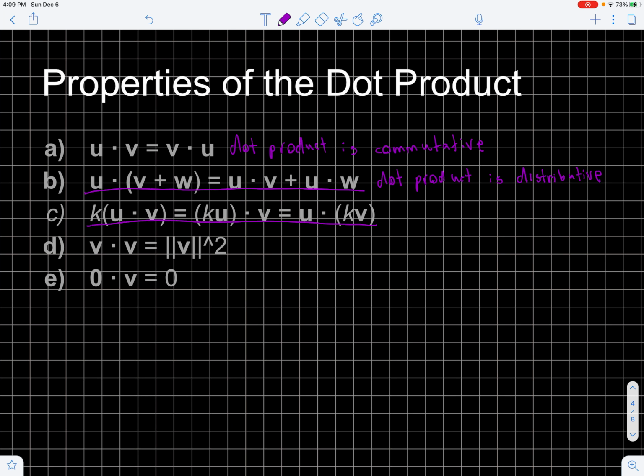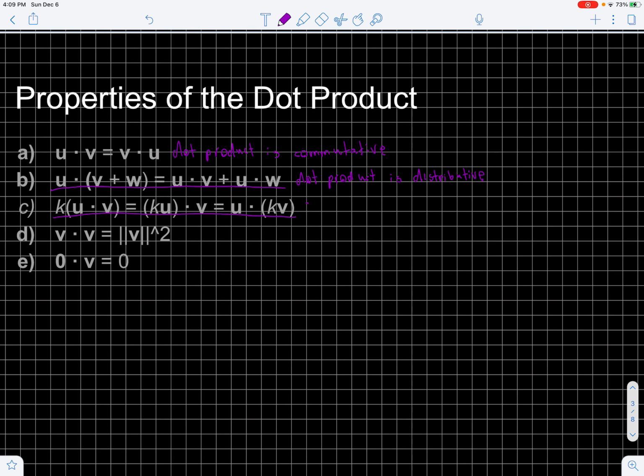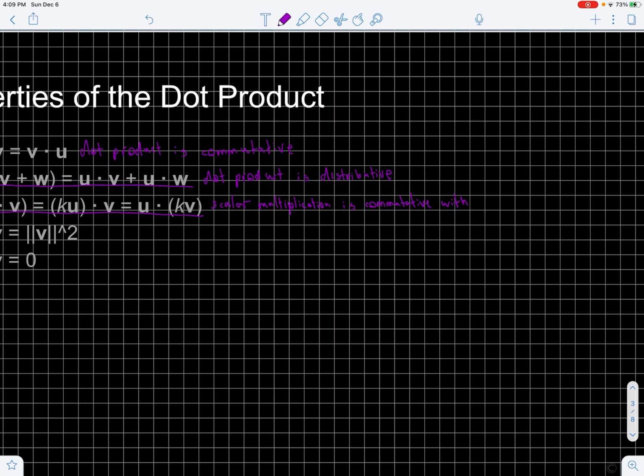K times (u dot v) equals (ku) dot v equals u dot (kv). That is another way of saying that scalar multiplication is, or I guess not commutative, is associative with the dot product.